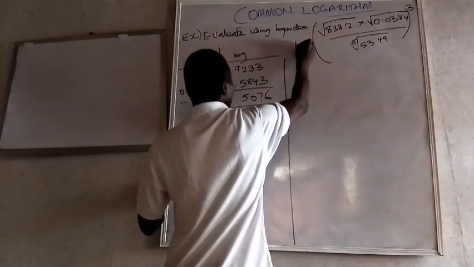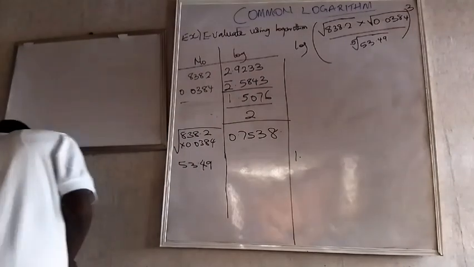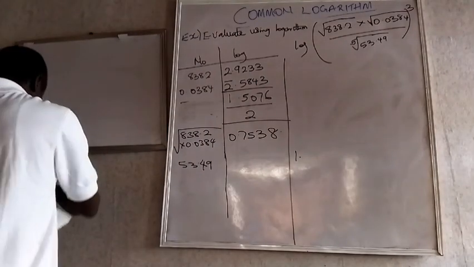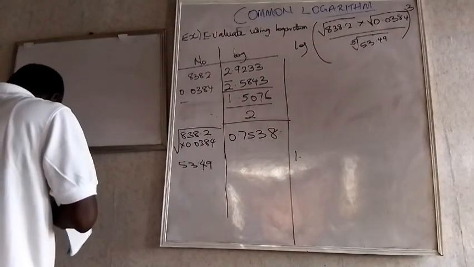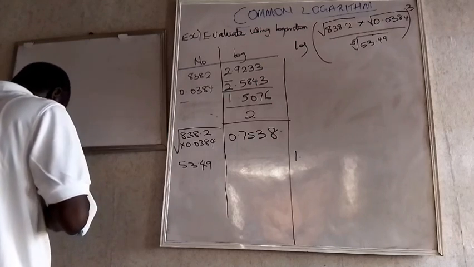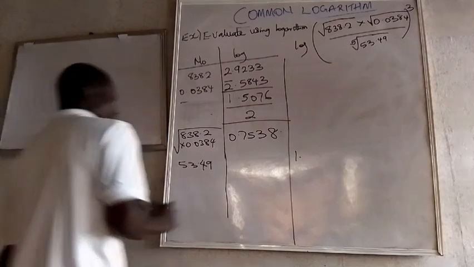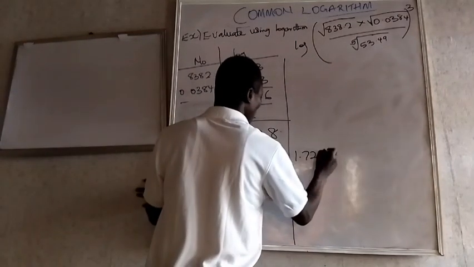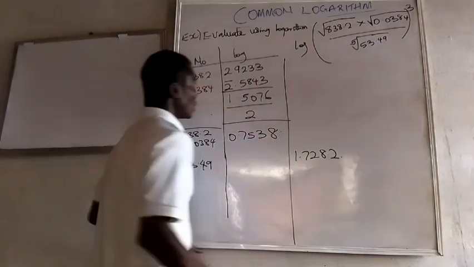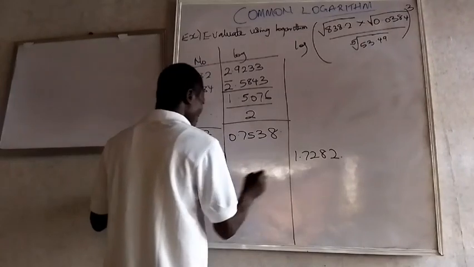The logarithm of this is 1.7282. We are finding the fifth root, which means we are going to divide by 5.